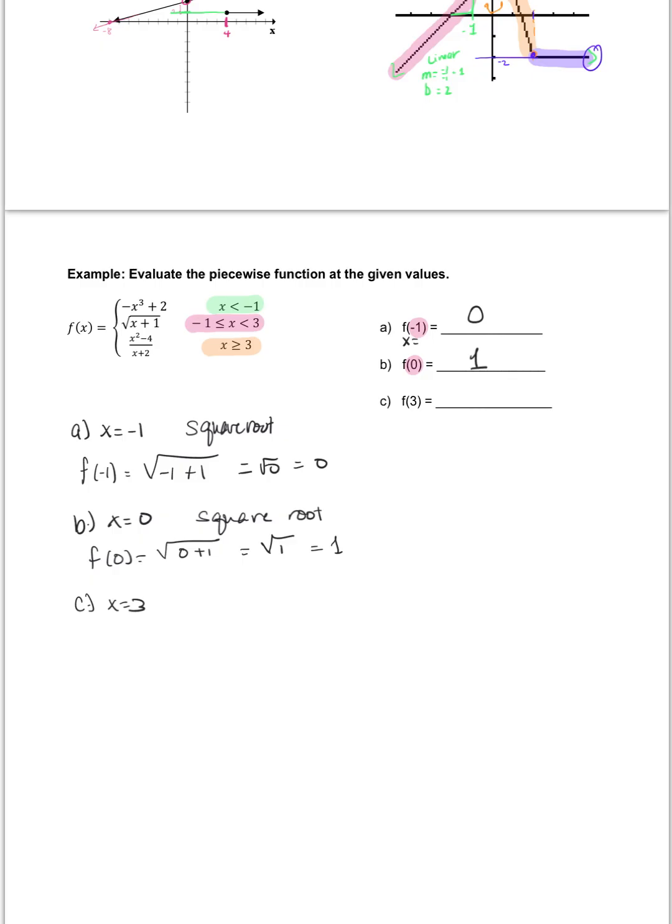That one is the orange color, or yellowish color. So it's going to go in that one. So I'm going to use the rational function.